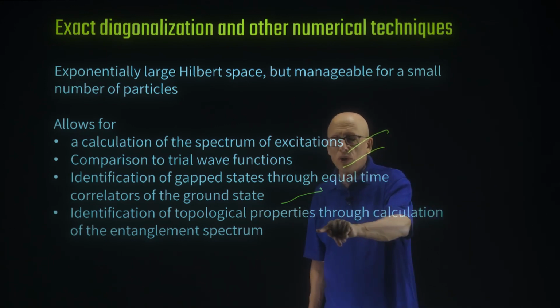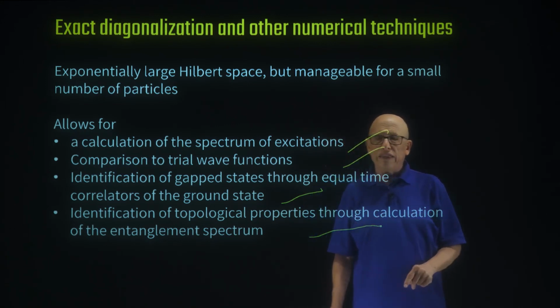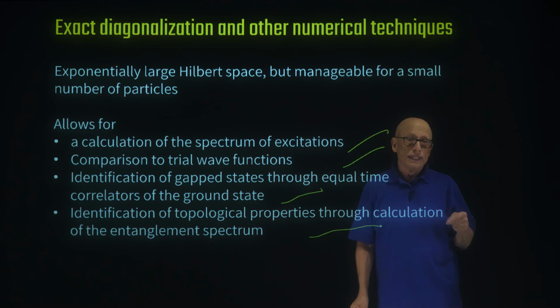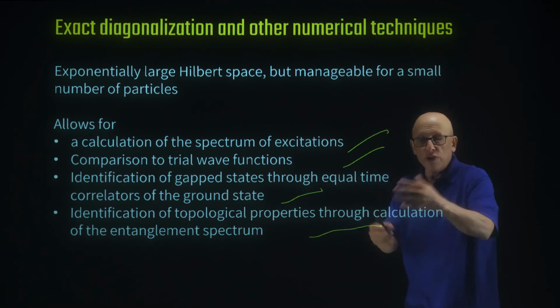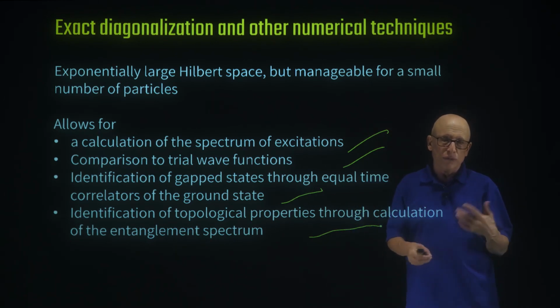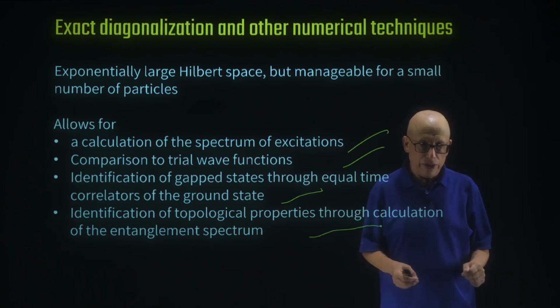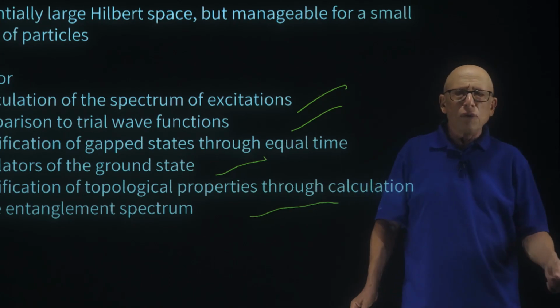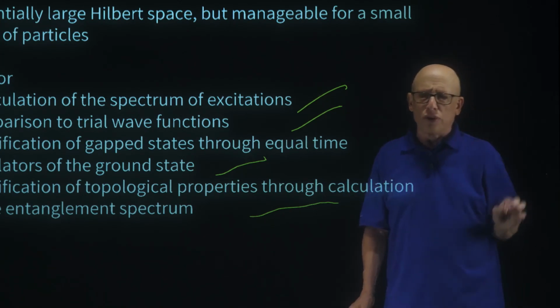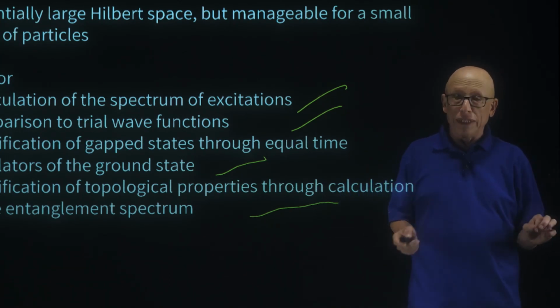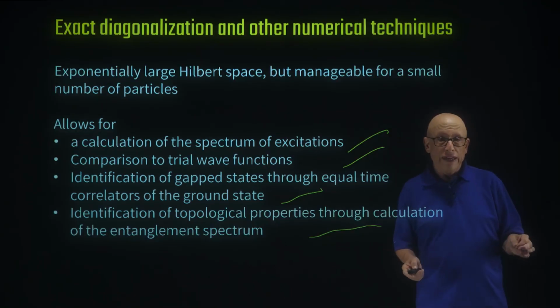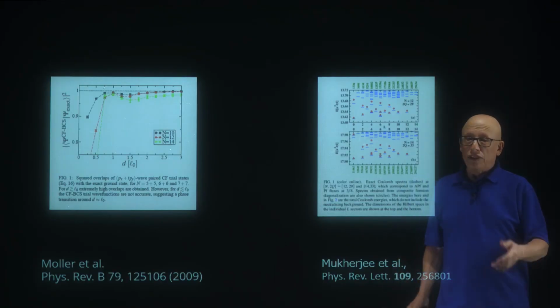And we can look at topological properties through calculations of the entanglement spectrum. Those would require too long a time, so I'm not getting into them. So I will now just give you a quick look at two examples of numerical works to look at fractional quantum Hall systems.